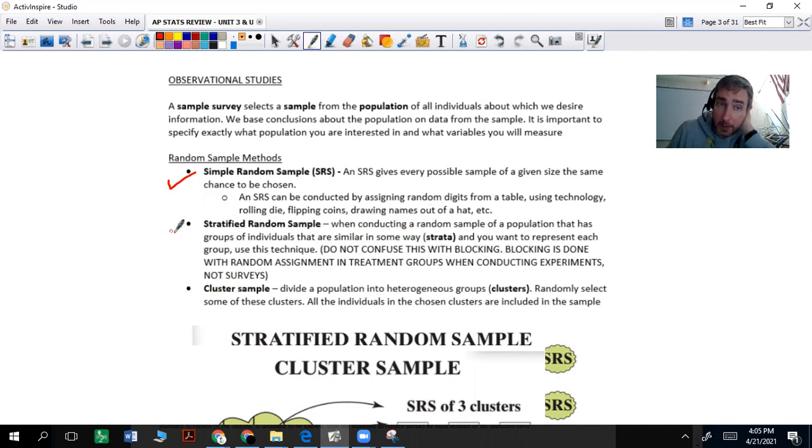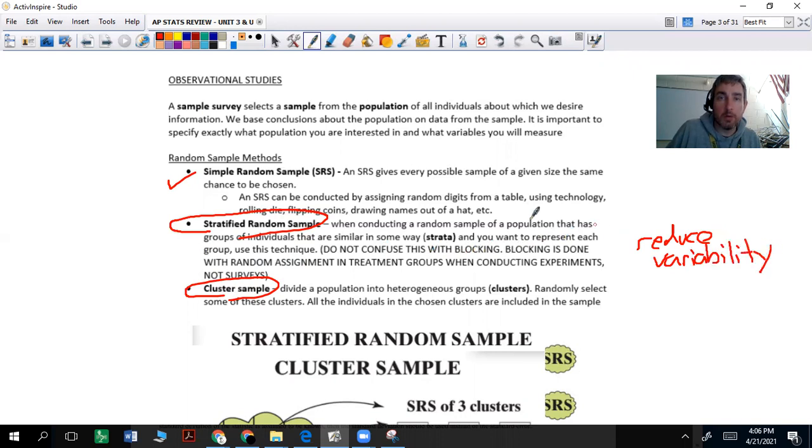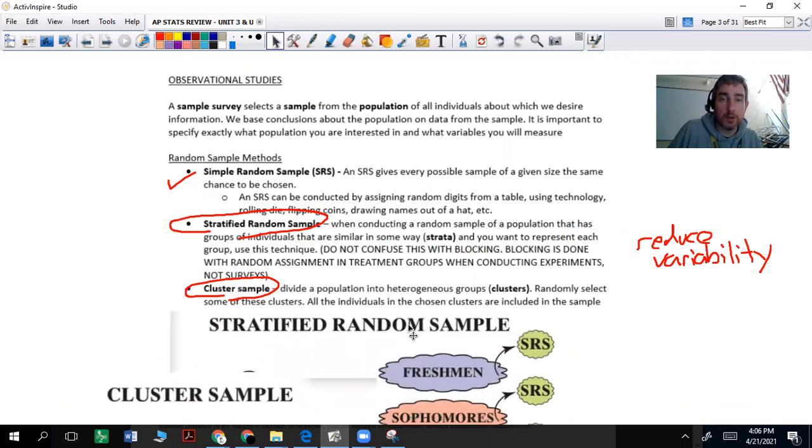A stratified sample, to get a little bit less variability in your sample, you can make special ones. So you have stratified sample and a cluster sample. In your random sample, if you want to reduce the variability, you might opt to do one of these two. And let me kind of go over the difference real quick. A stratified sample, a random sample, we do that one first.